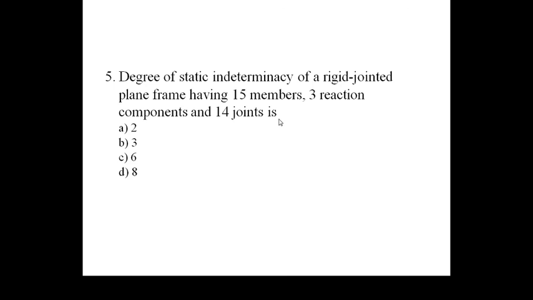It is 2j minus r. What is 2j? 2 into j, how much? 15. How many reactions are there? Here 3 reactions are there. What is your answer? C, that is 6. Your answer is 6.